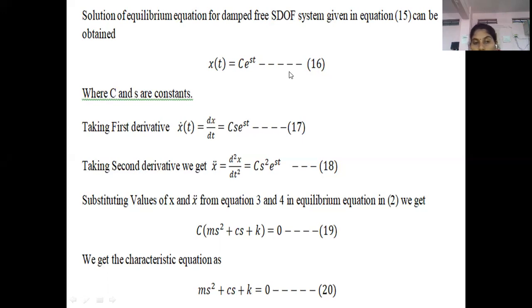Below this, write down where c and s are constants.